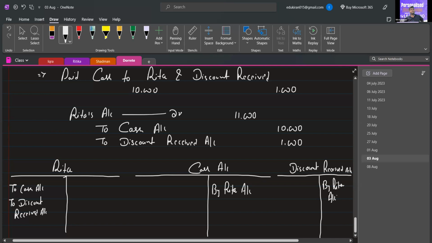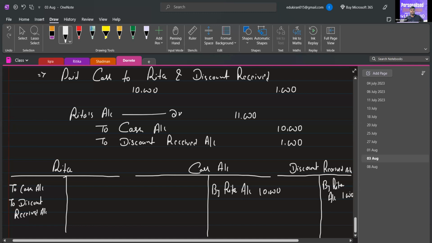Now what about the amount? On the cash side, it is 10,000, by Rita. On the discount received account, it will be 1,000.